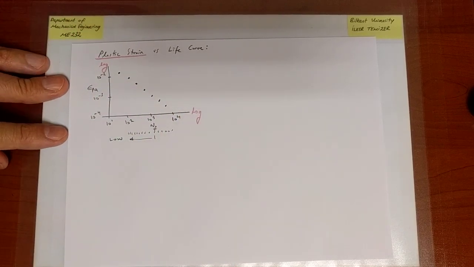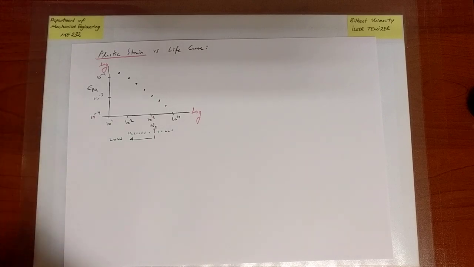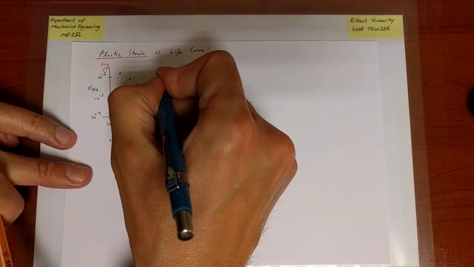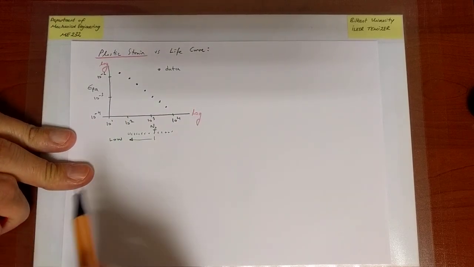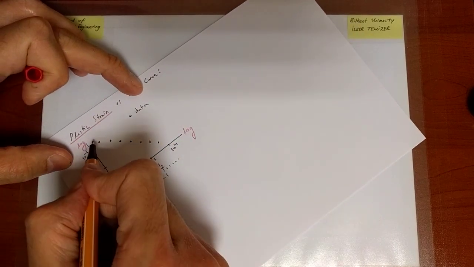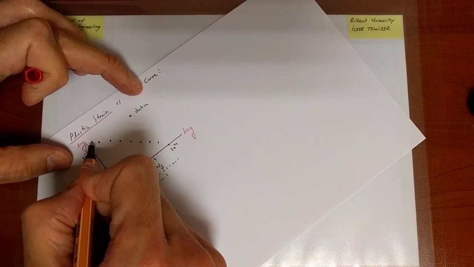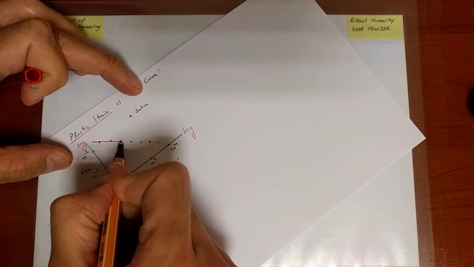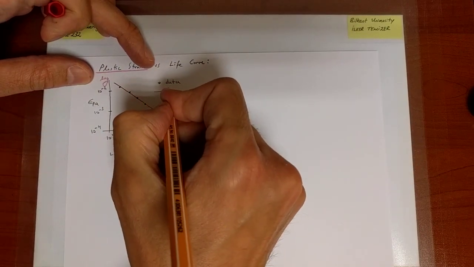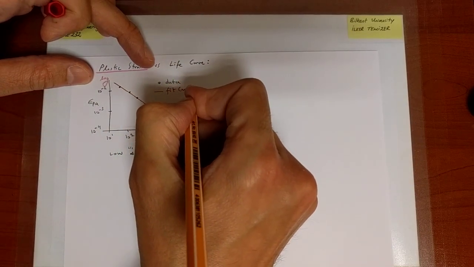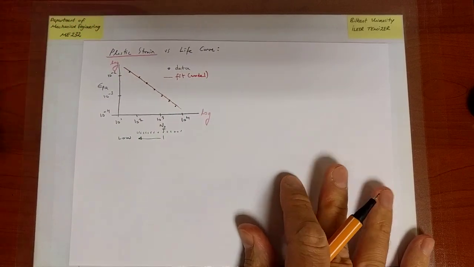Okay, so we go ahead and this is our data, and we fit a model to it. So this is our fit, and that fit is associated with a model.